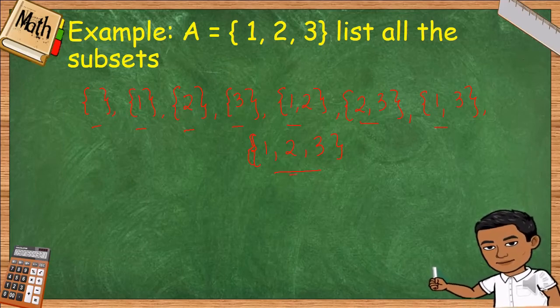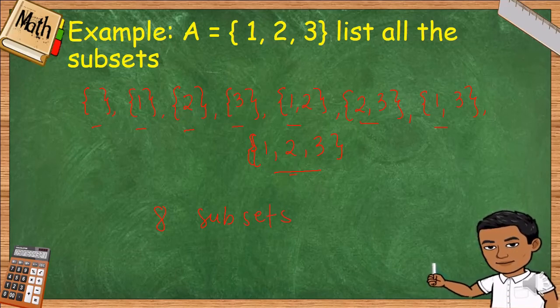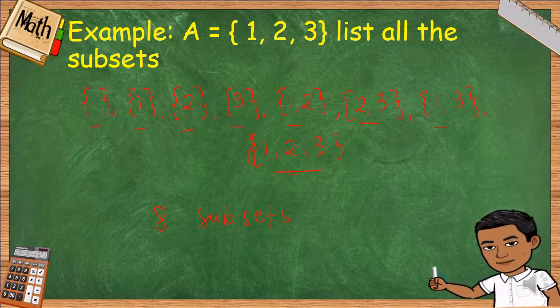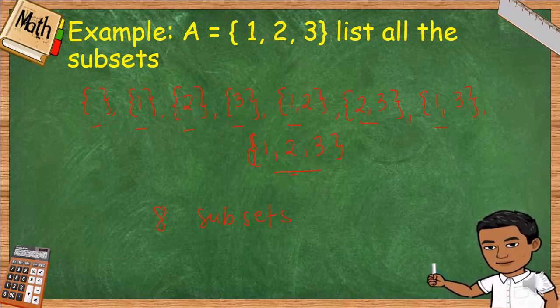So, we have 8 subsets. Now, by listing down, we can easily determine the number of subsets in a given set. But there is one way on how to determine the number of subsets in a given set.